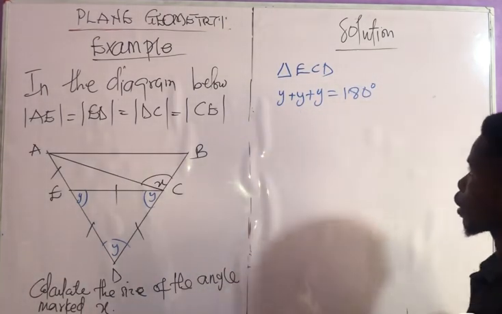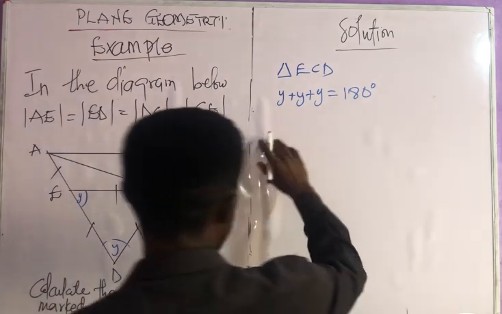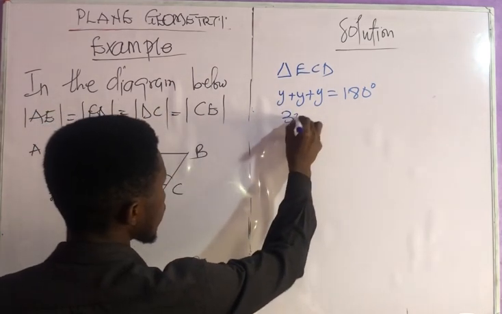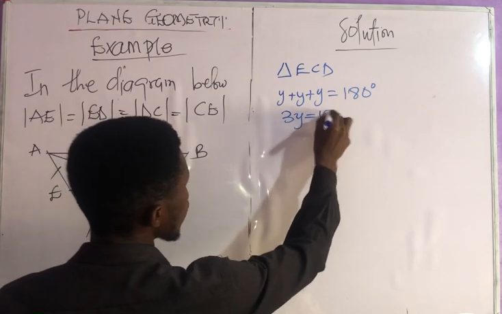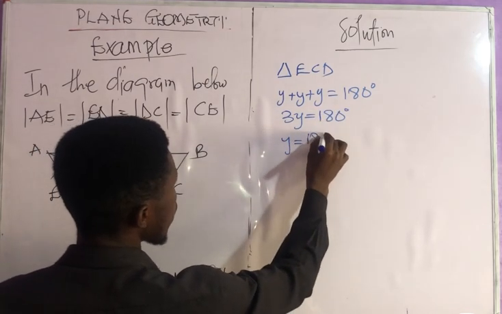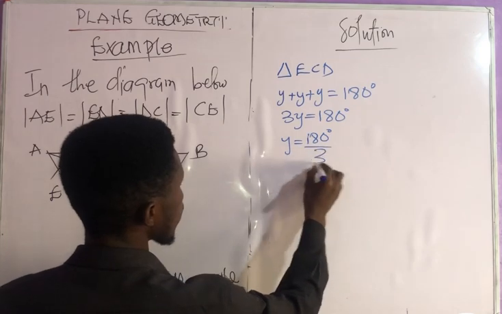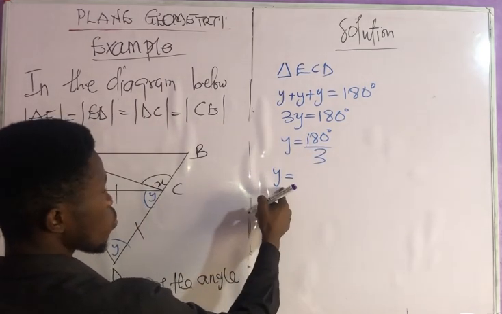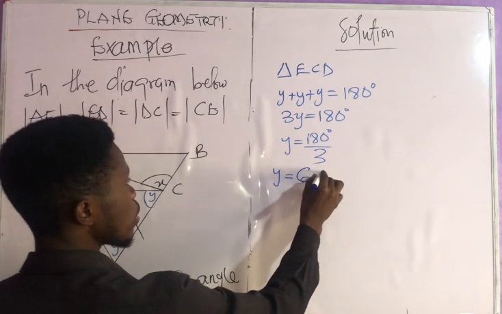Now, after getting this, I know that Y plus Y plus Y is 3Y equals 180 degrees. So my Y is equals 180 degrees over 3. You divide both sides by 3. So Y is equals to 60 degrees.